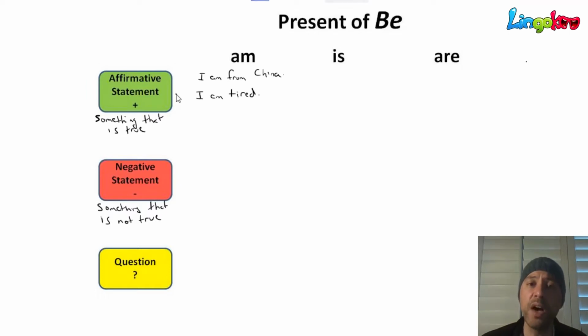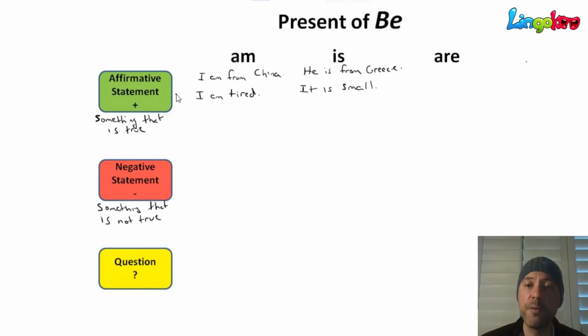These are examples of affirmative statements that are true using the present of be, the am form. If I use the is form, I could write something like he is from Greece. Or I could say it is small.